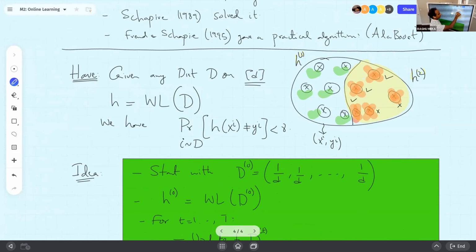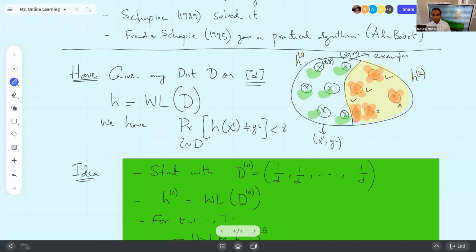These are the examples, maybe x1, y1, x2, y2, and so on. I made some mistakes on some examples, and for my next black box query to the weak learner, I want it to increase the weight I give to a subset of these examples.